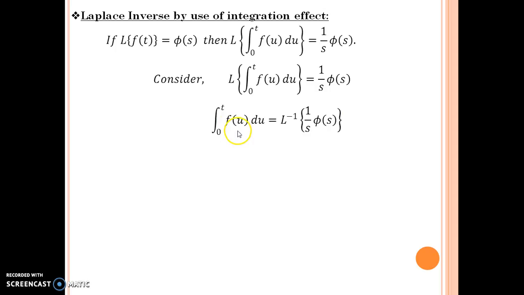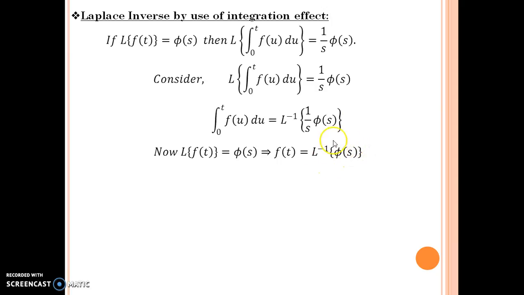Okay, now we move to find an expression for f of u. So let us consider this statement that was given to us with the integration effect assumption, that is Laplace of f of t is equal to phi of s. Now Laplace of f of t being phi of s, if you want to find the expression for f of t, then that expression would be f of t is equal to L inverse of phi of s.